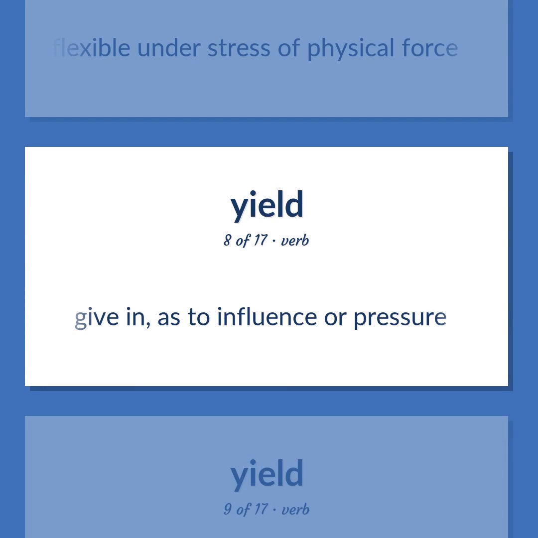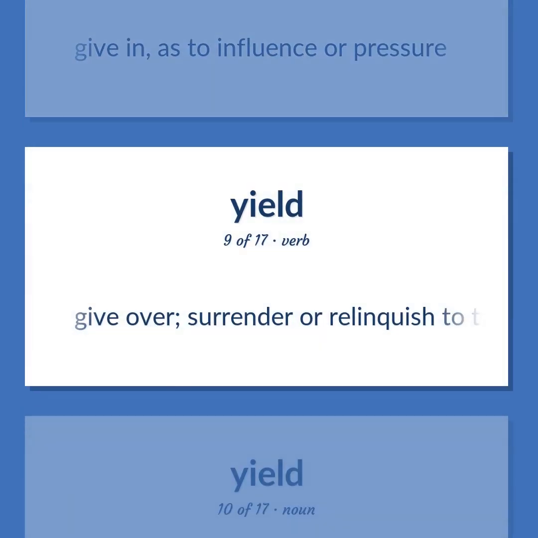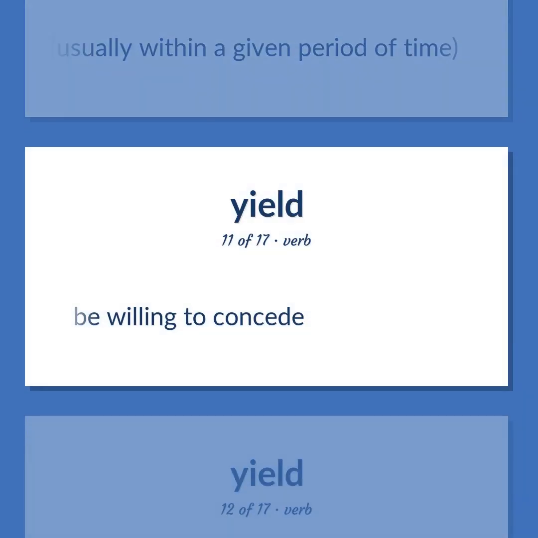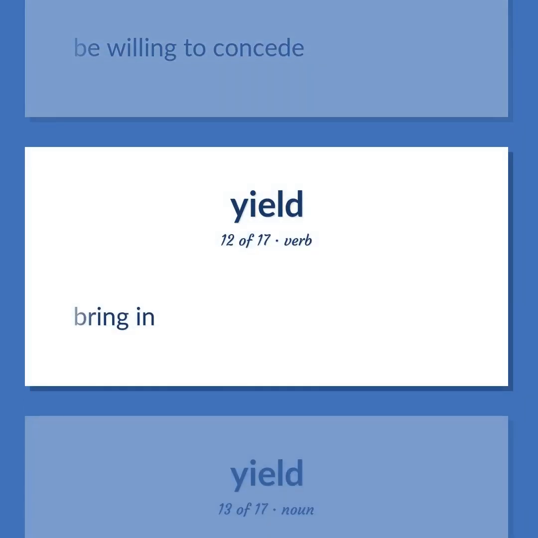Give in, as to influence or pressure. Give over. Surrender or relinquish to the physical control of another. The quantity of something, as a commodity, that is created, usually within a given period of time. Be willing to concede. Bring in.